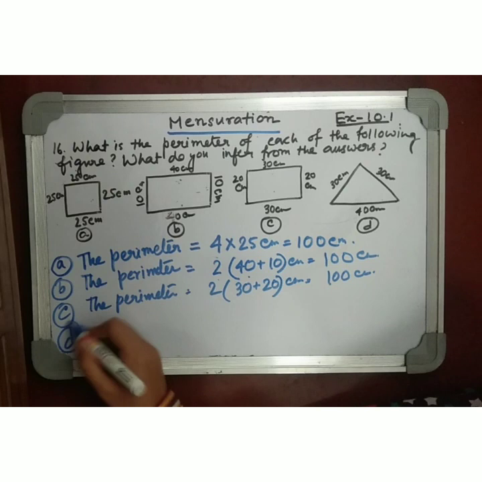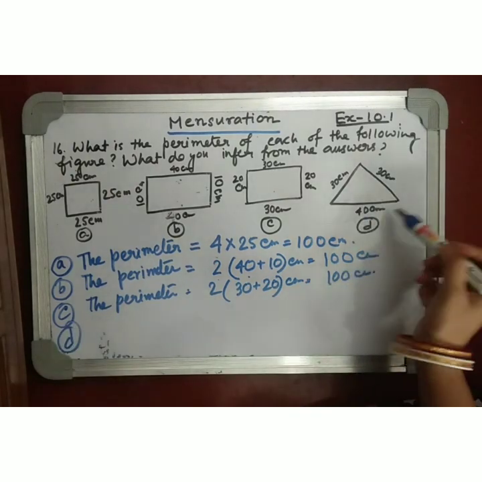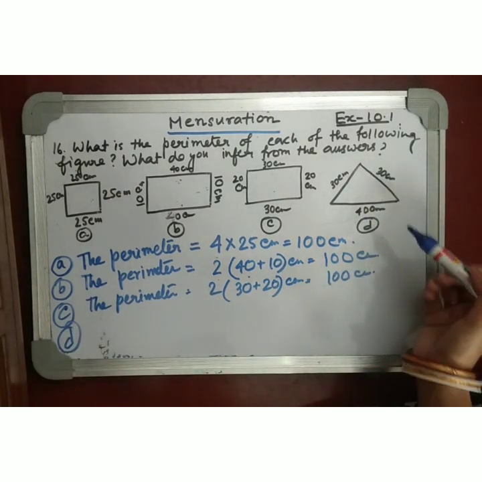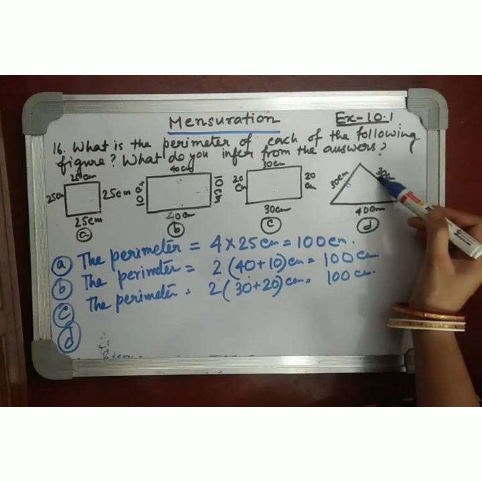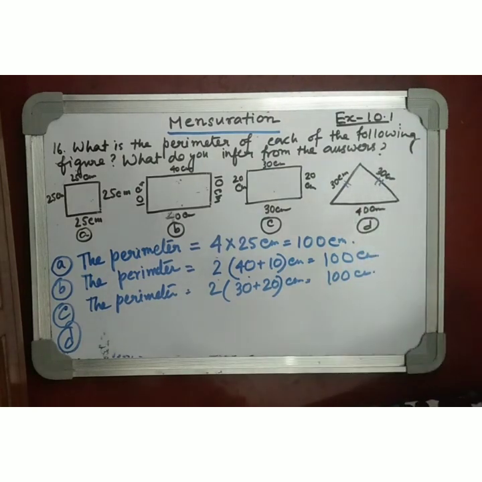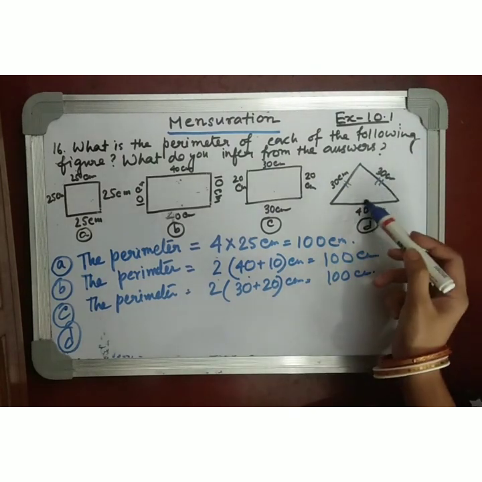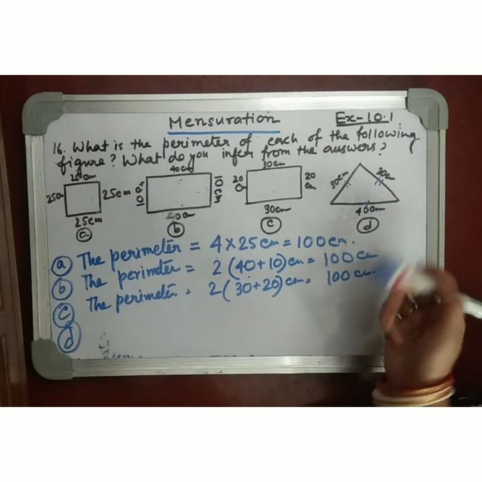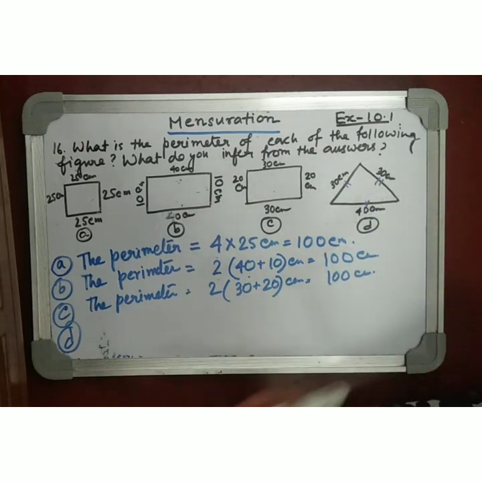Now let's come to the figure D. Here you can see one triangle. In this triangle, 2 sides are equal in length and the third one is different in length. What do you call this type of triangle where the length of two sides are the same?